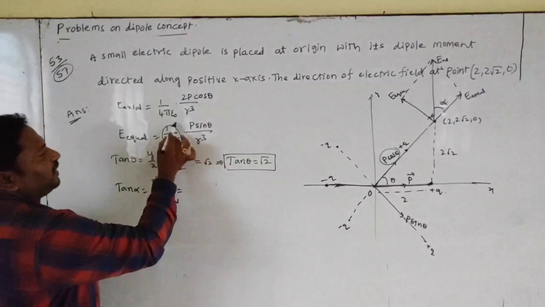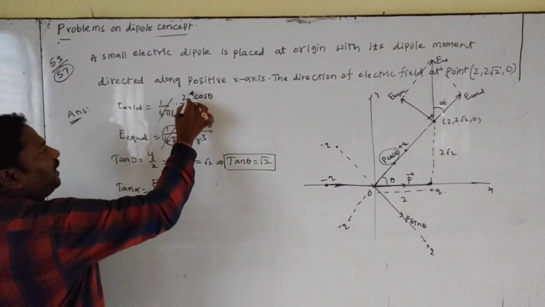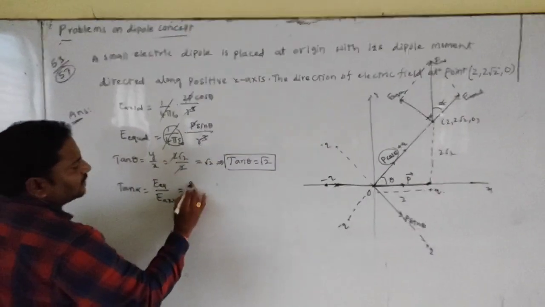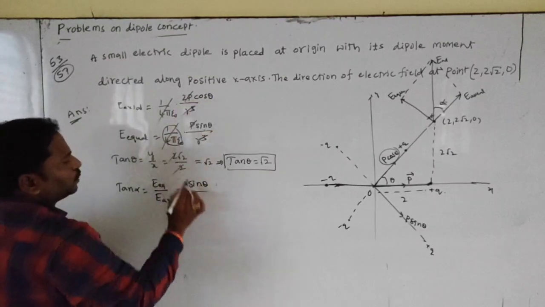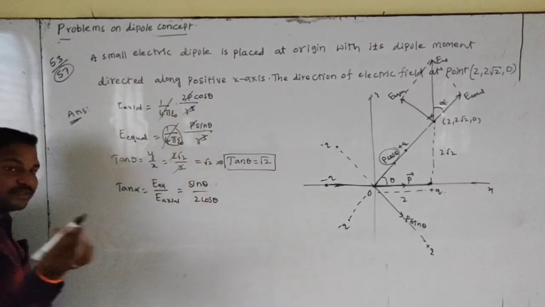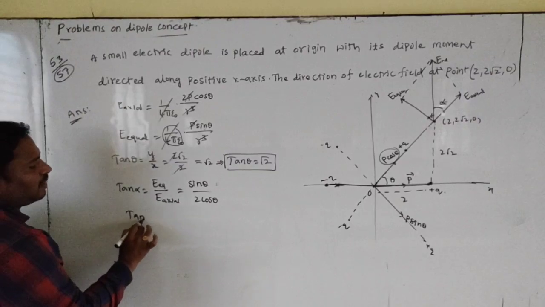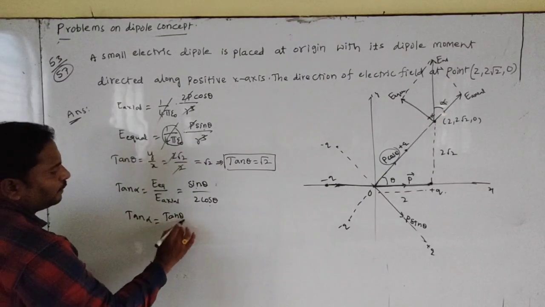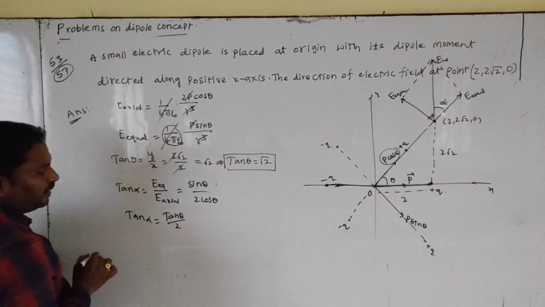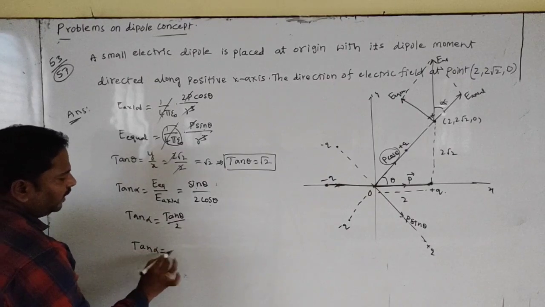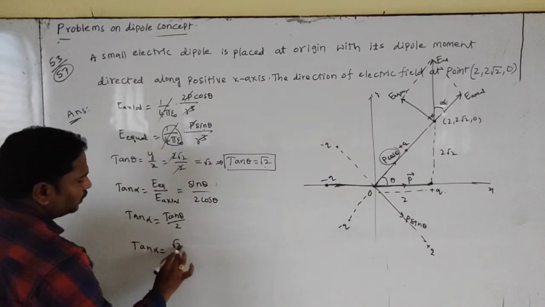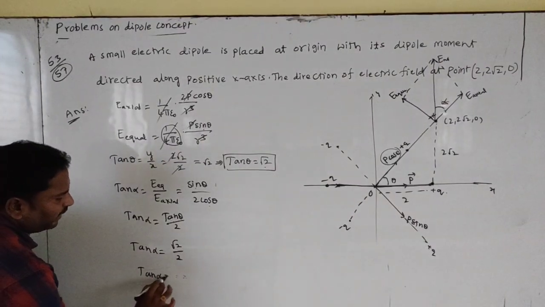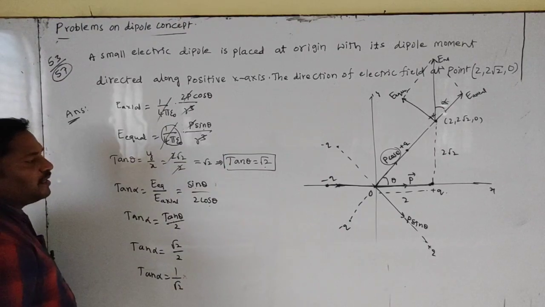Here both will cancel, and p also cancels, r also cancels. What remains is sin theta over 2 cos theta. Already we discussed this in the concept itself. So tan alpha equals tan theta by 2. This is the answer. Tan theta is root 2, so root 2 by 2 means tan alpha equals 1 by root 2.